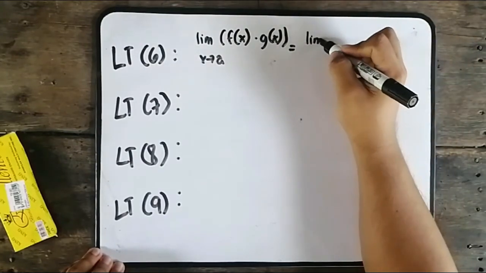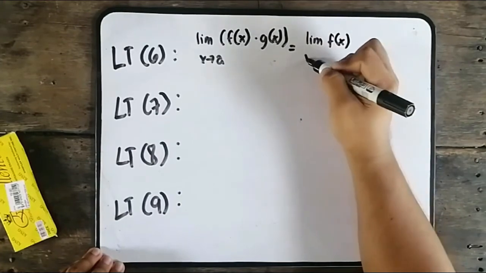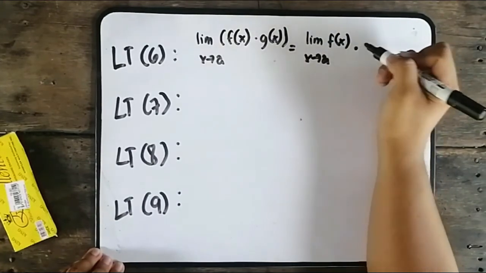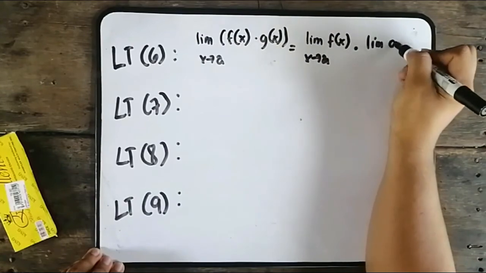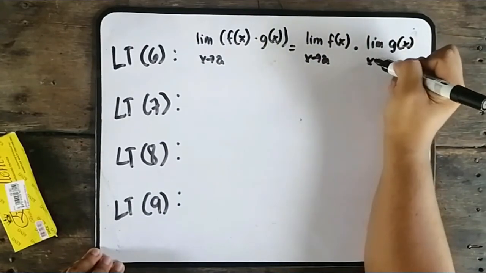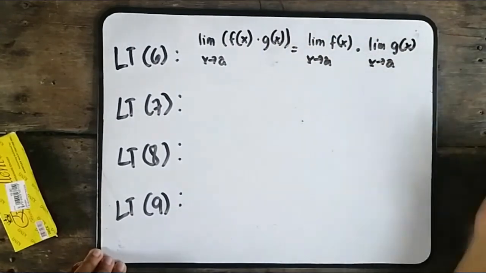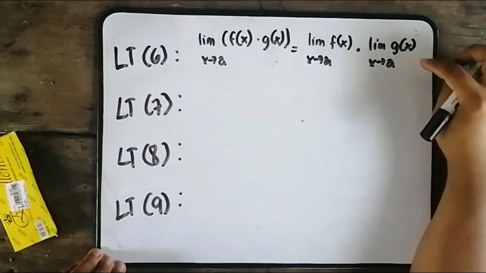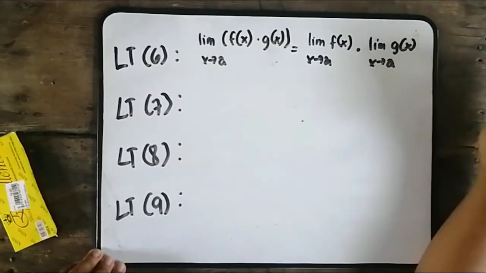So that is the limit of f of x as x approaches a times the limit of g of x as x approaches a. So note that this is true kahit na ilan pang function yung pag-multiplyin natin.